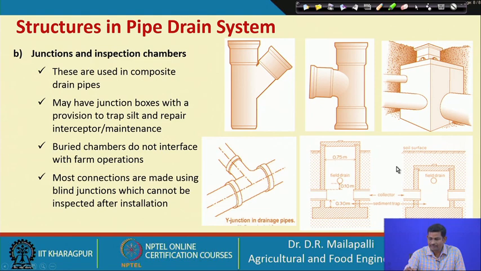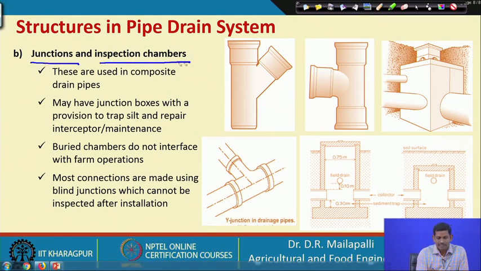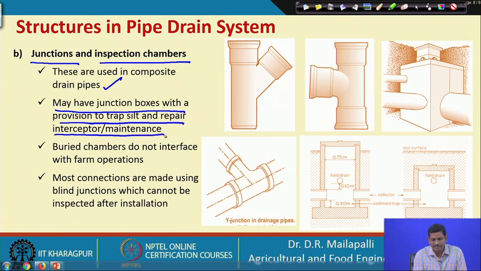The second is the junction boxes, junctions and inspection chambers. These are used in composite drain pipes because in the composite, all the field channels or field tiles are connected to a collector with different joints. They may have junction boxes with a provision to trap silt, repair, interceptor or maintenance.